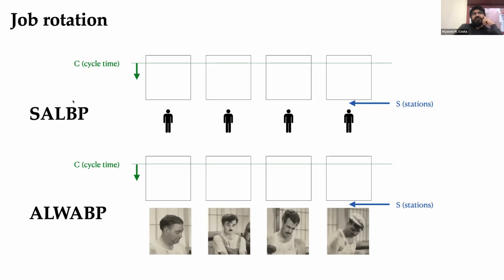In the simple version, it's very easy to do that, because if this worker is executing some tasks here, and then I say, okay, you go to the second station and you go to the first station, nothing changes. They all execute these tasks at the same speed, if you like. But in the case of the work assignment problem, these task times are completely dependent on the worker that I assign to the station. So by changing workers, you can completely destroy any sort of optimization that you have done in the line.